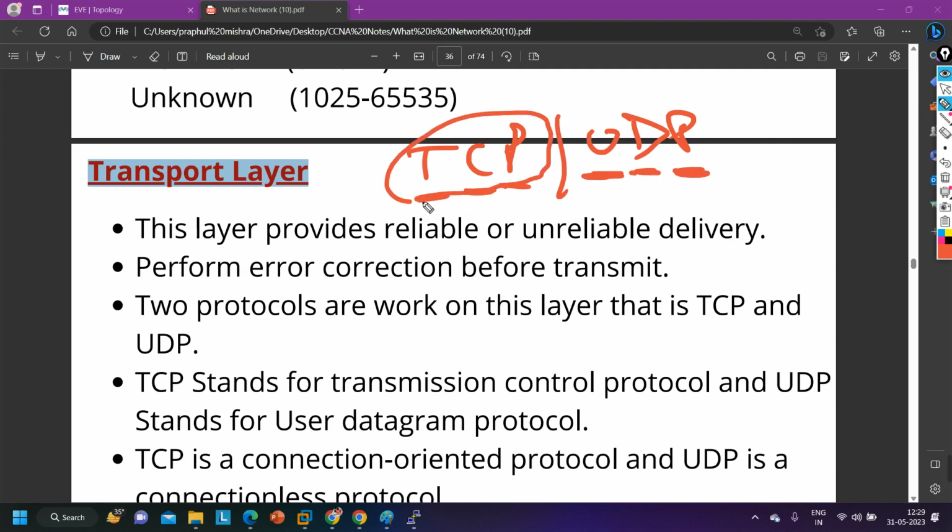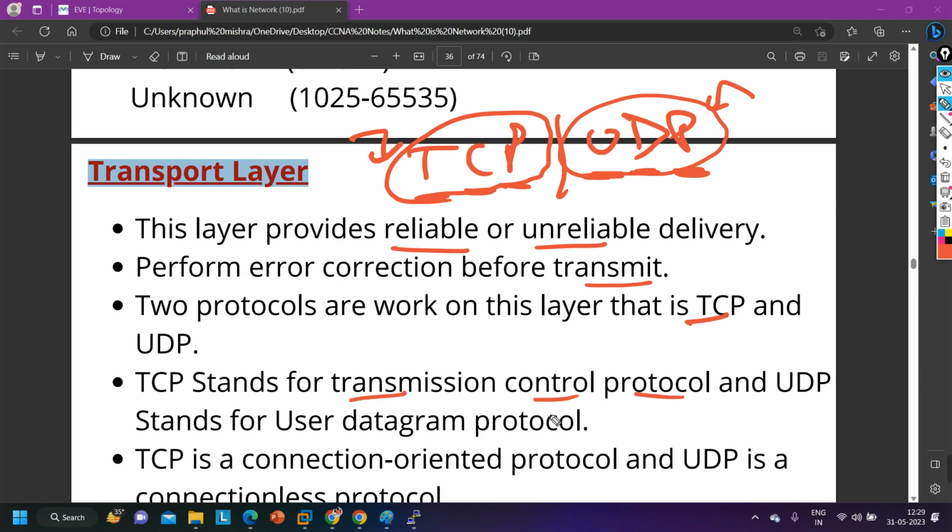TCP is a reliable protocol and UDP is an unreliable protocol. So that's why I am saying this layer provides reliability and unreliability. It means the protocol which uses TCP is reliable, and the protocol which uses UDP is unreliable. It performs error correction as well before the transmission. We will understand it.